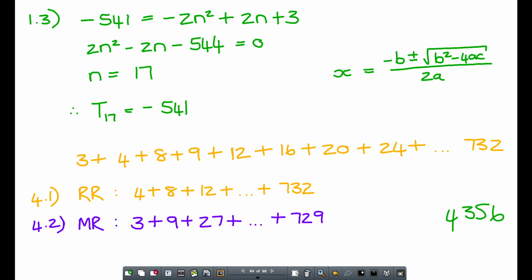Dan kry ek 17 of 2 minus, dan kry ek minus 16. So ergens het ek net iets verkeerd gepak.